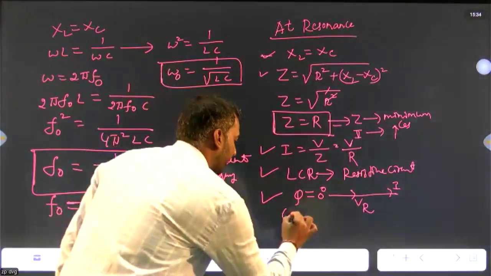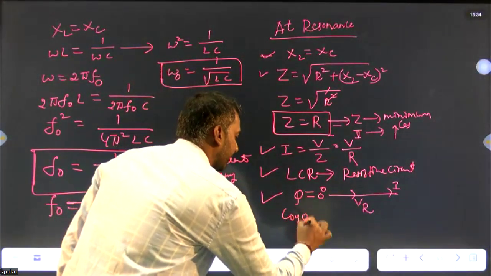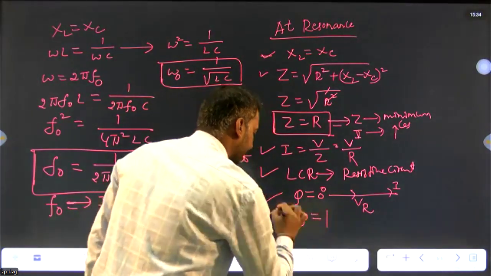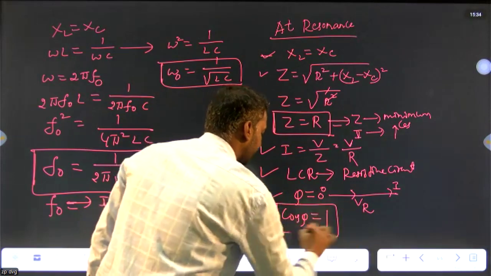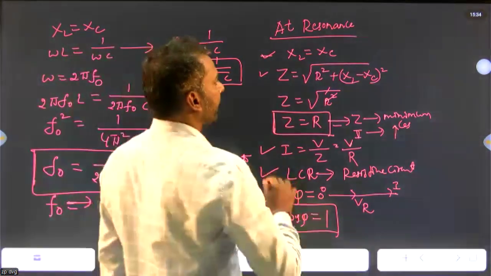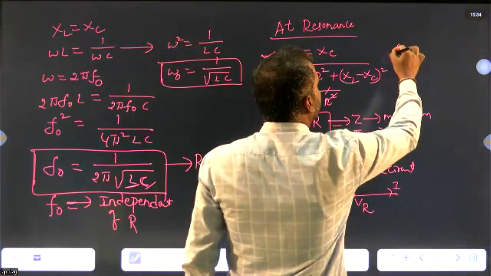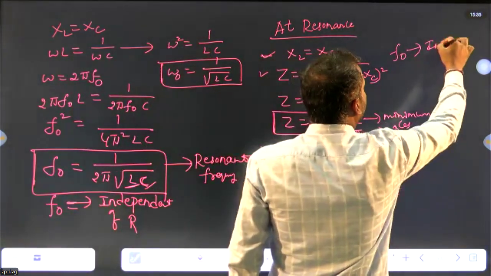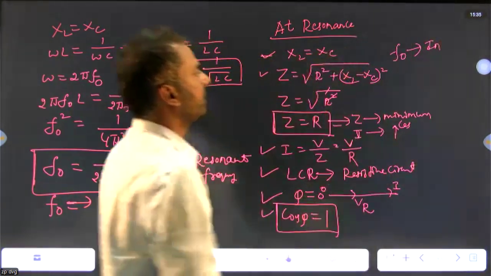Now, what is the value of power factor? Cos phi is equal to 1. Phase difference between current and voltage is 0 degree. And also, resonant frequency F naught is independent of the resistance of the circuit.